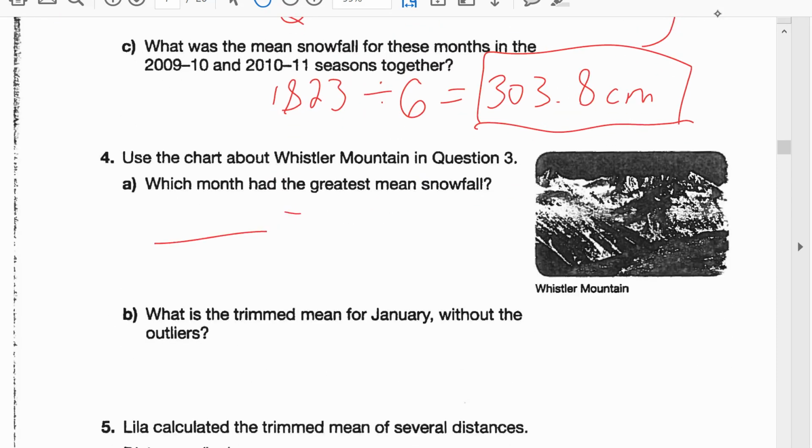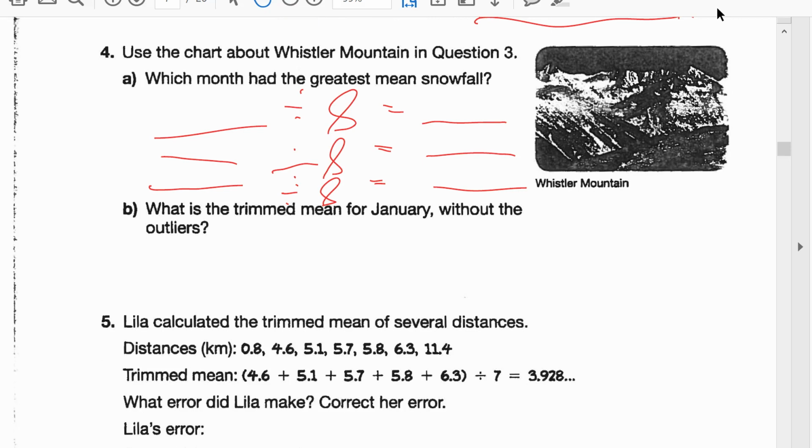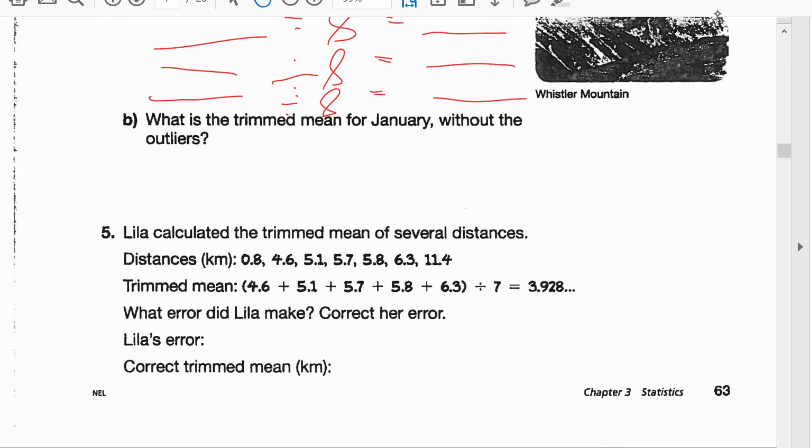So your value divided by 8, 3 times, will give you 3 different answers for each month. Tell me what it is, and then what is the trimmed mean? Trimmed mean for January without the outliers.